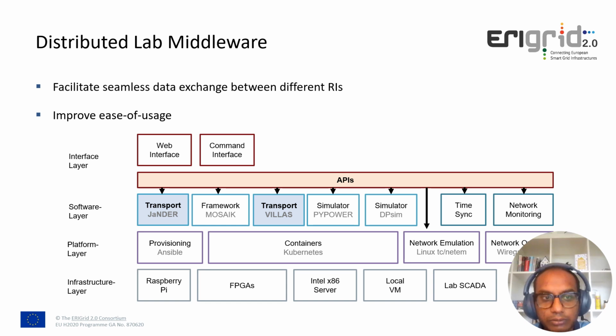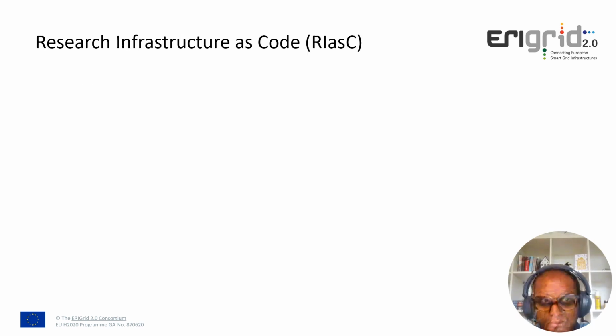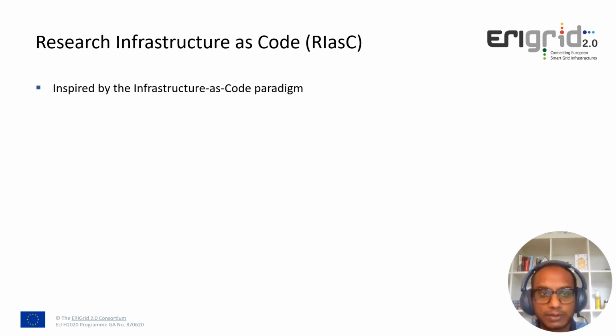So coming to the platform and the infrastructure layer, we've developed something called research infrastructure as code, which was inspired by the infrastructure as code paradigm found in software engineering.